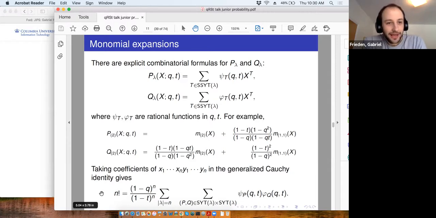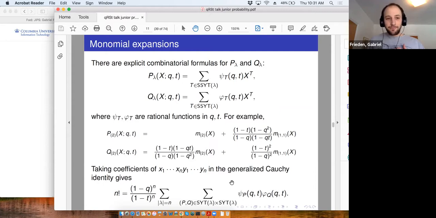So our starting point for this project was looking at this identity and wondering if we could prove this directly from the definition of these rational functions rather than deducing it from the Cauchy identity. The idea behind this is that in the case of the Cauchy identity, originally the Schur functions were defined as determinants, and the Cauchy identity was proved using determinants.